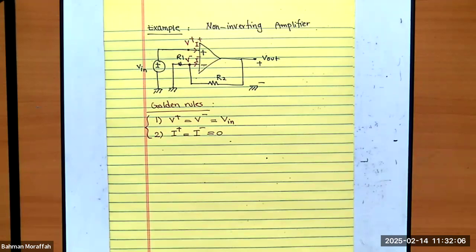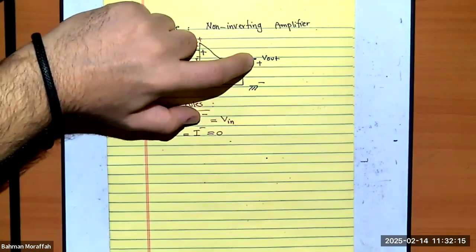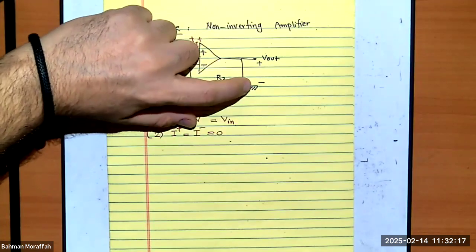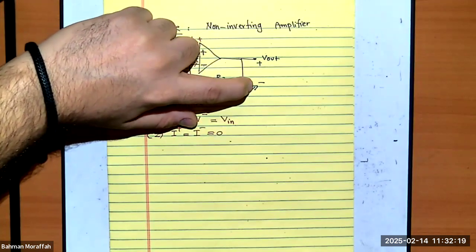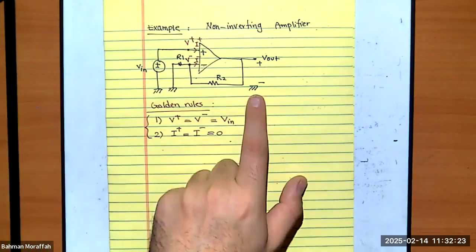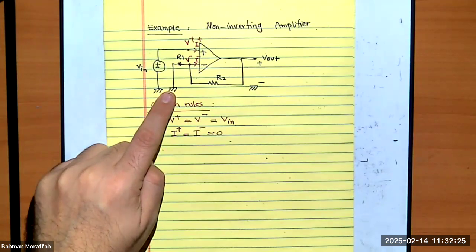I'm going to try to solve this problem with a simple observation. Do you agree the voltage at this node with respect to the ground is V out? That's what we called it. And do you agree this ground is exactly the same as this ground? It's no different.